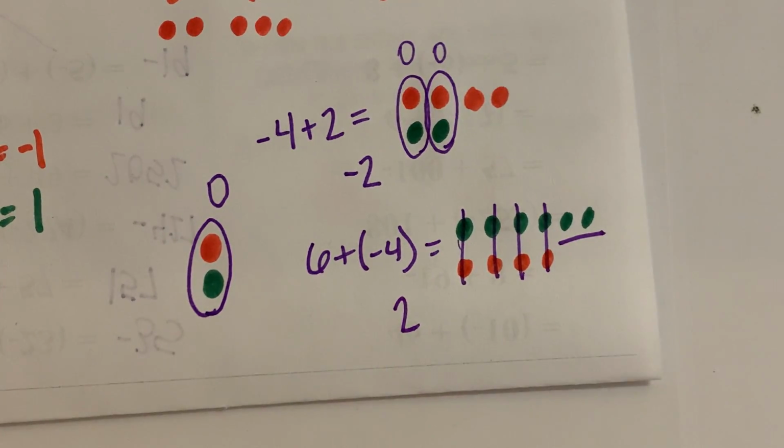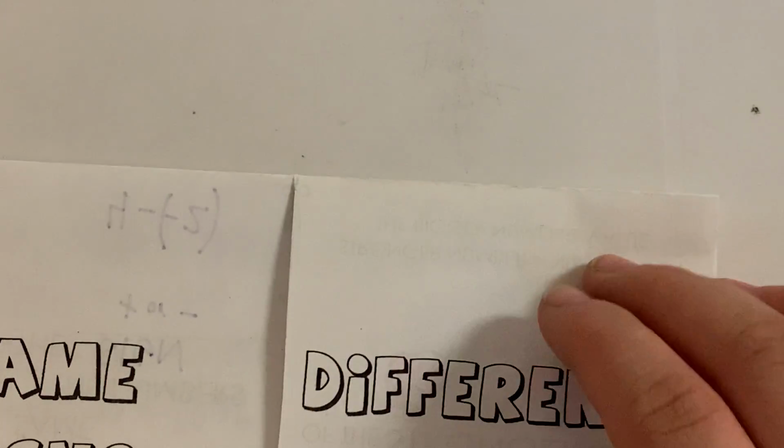So what you have left over depends on what that stronger, bigger looking number is, right? So we're going to subtract even though there's a plus sign there when the signs are different, okay? Because we have to cancel some stuff out. So let's go back and look at the examples.